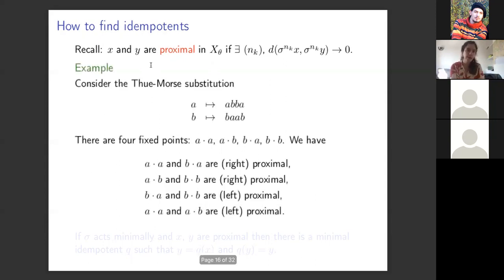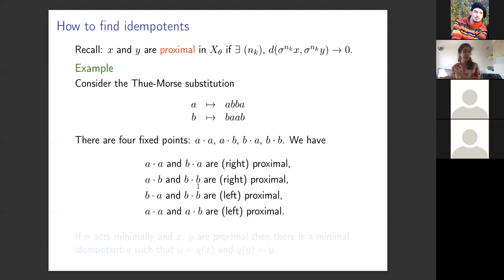Okay, so let's look at the Thue-Morse substitution, and let's find examples of points which are right proximal or left proximal. So there are 4 fixed points for Thue-Morse, right? And I'm going to label them as here. So A.A is the fixed point that I get from the seed AA. And as an example, the 2 fixed points A.A and B.A are right proximal. In fact, they're right asymptotic. They agree from the index 0 on. Okay. Another example is A.B and B.B. Those are right proximal.